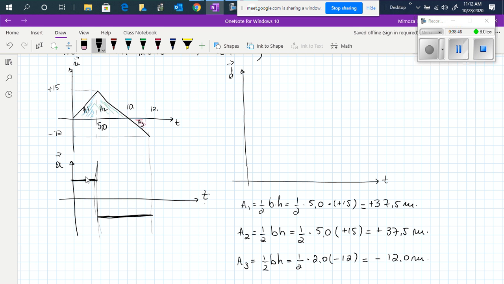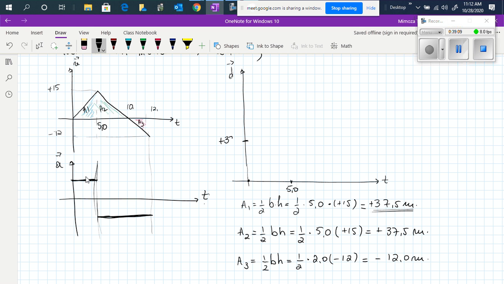Now, the way that we plot this information into the displacement time graph, we'll start from 0. This is the assumption that we make. So at 5 seconds, because this is where the first part of the motion is ending, the displacement is positive 37.5.